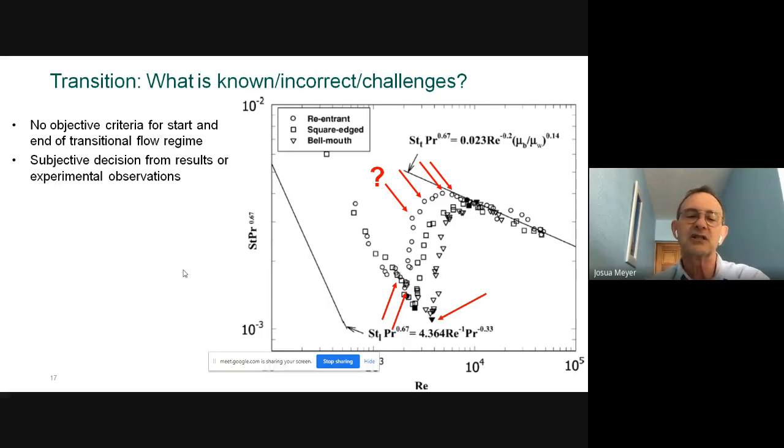But the challenge is that different authors would look at these points and they would use their own discretions in terms of where the transition starts. And that is not something that we would like to do. We would rather like to have an objective criteria for defining where the transition starts and when it ends. And we've developed such criteria. And the next slide, please.